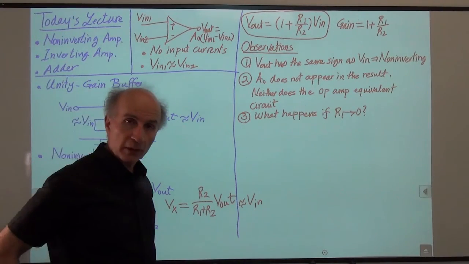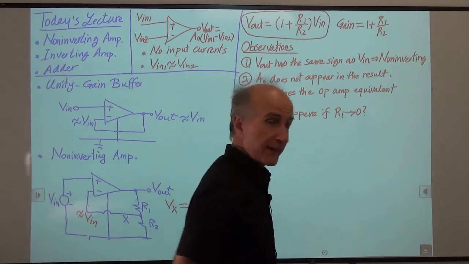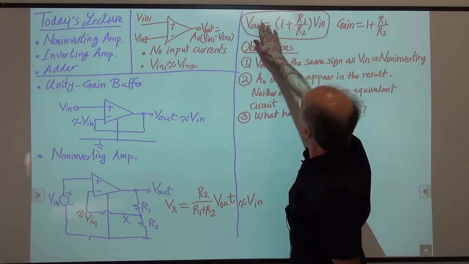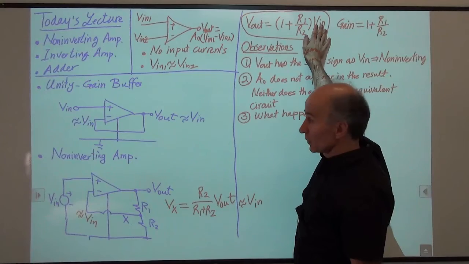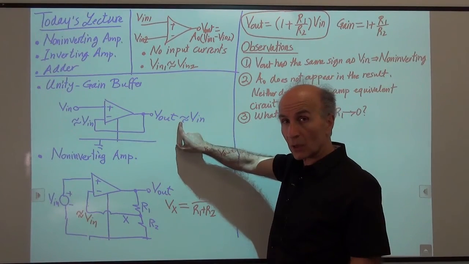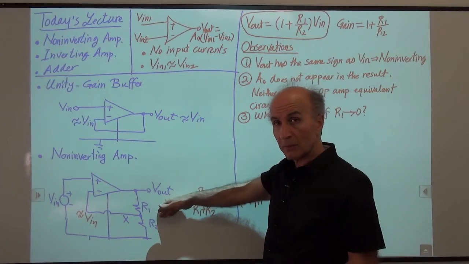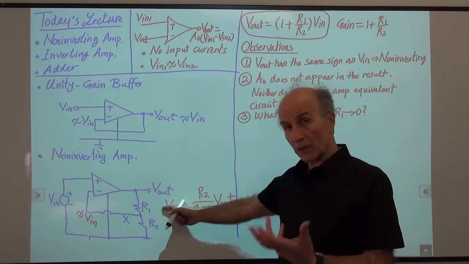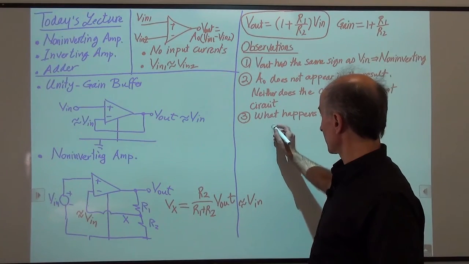All right, so what did you decide? Well, this equation says that when R1 is 0, V out is just equal to V in, just like the circuit here. So why is it that when R1 is 0, this circuit behaves like this one? Well, let's try to draw the circuit when R1 is 0, see what we get. So here's the situation.